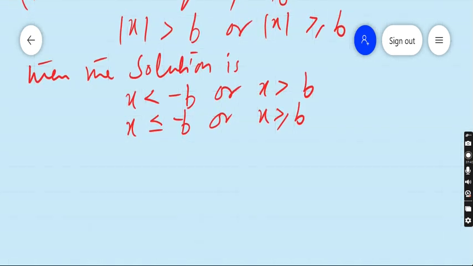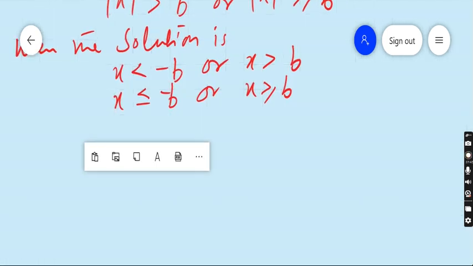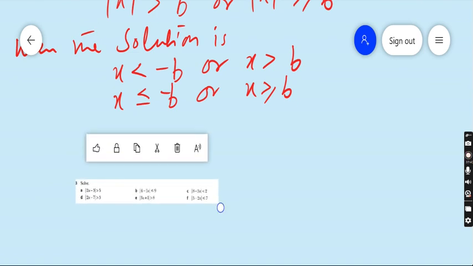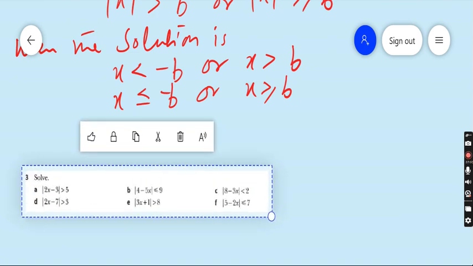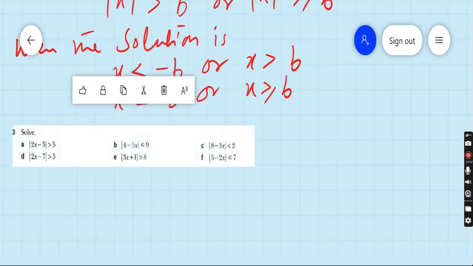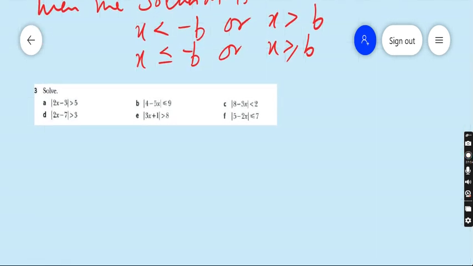Okay, now I am pasting question number 3. Part A: absolute value of 2x minus 3 greater than 5.